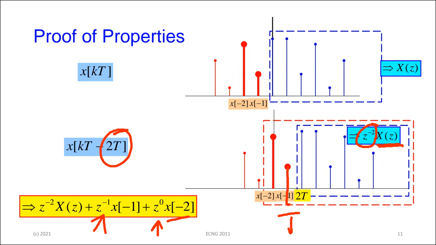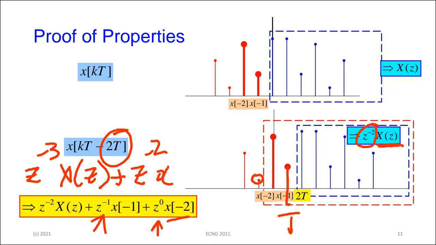And if I shifted it by 3, and this other value here came in, it would have been z to the minus 3 x. This value would have gone down the road, so it would have been z to the minus 2 now, x of minus 1, sorry.